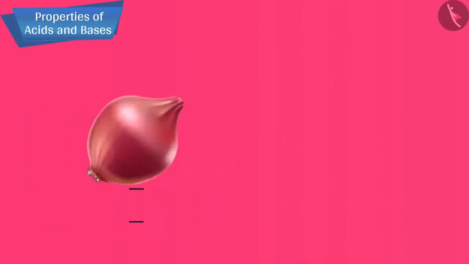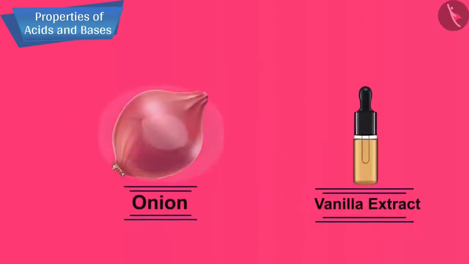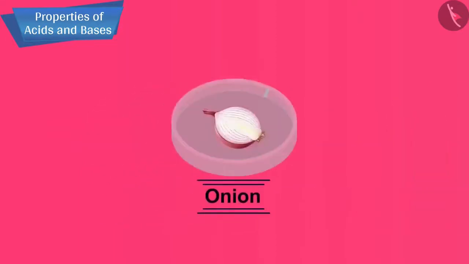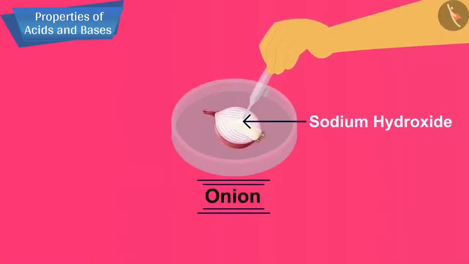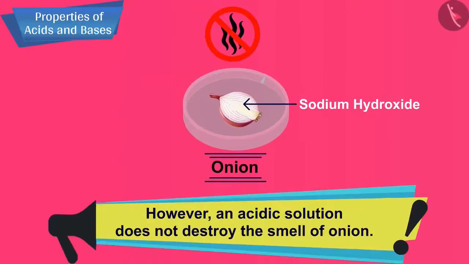For example, onion and vanilla extract. Onion has a characteristic smell. If a basic solution like sodium hydroxide is added to onion, the smell cannot be detected. However, an acidic solution does not destroy the smell of onion.